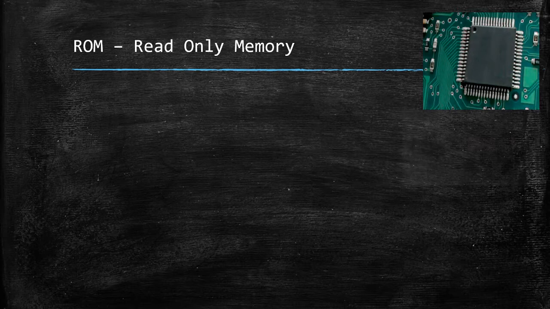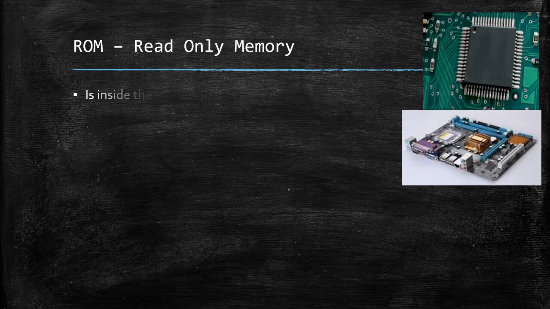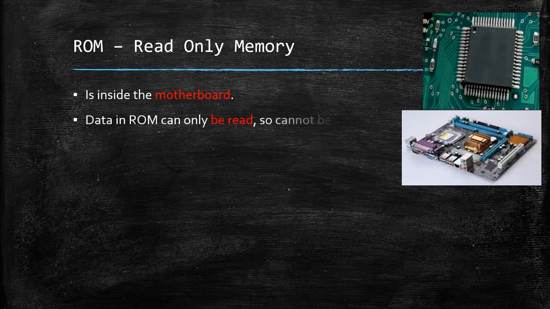Where is it actually located? It is inside the motherboard. So the motherboard is where ROM is located. And data in ROM can only be read. It is just meant for reading, so it cannot be changed.